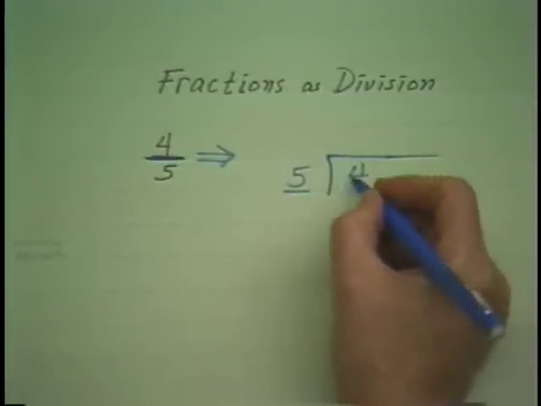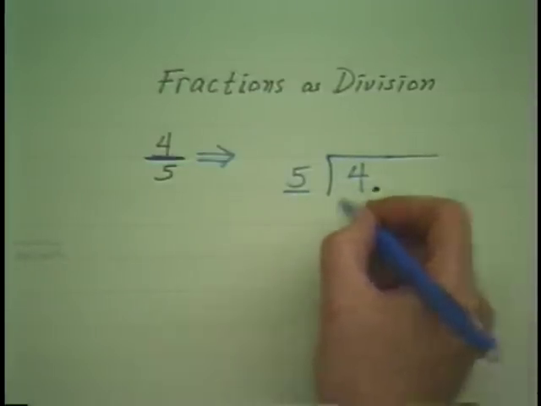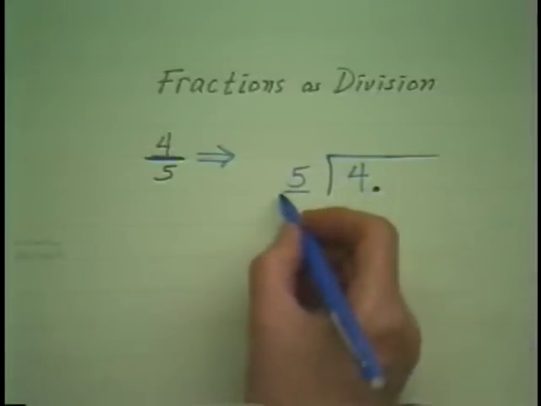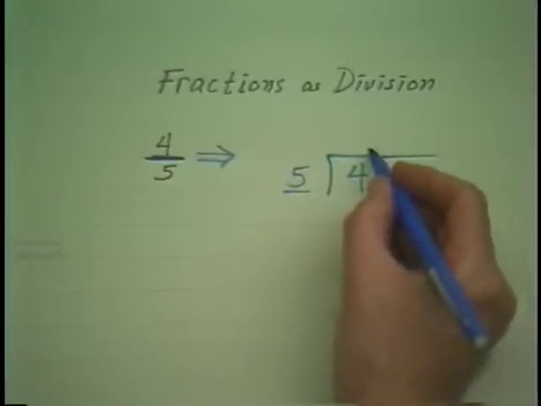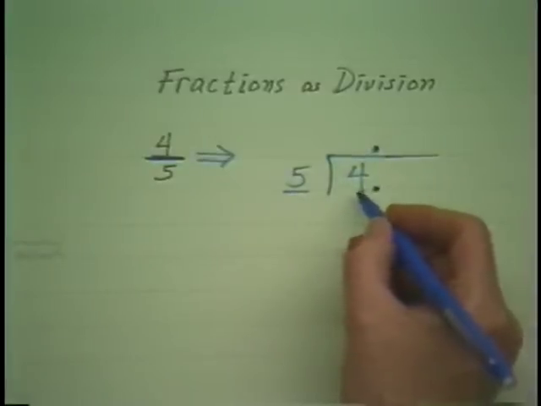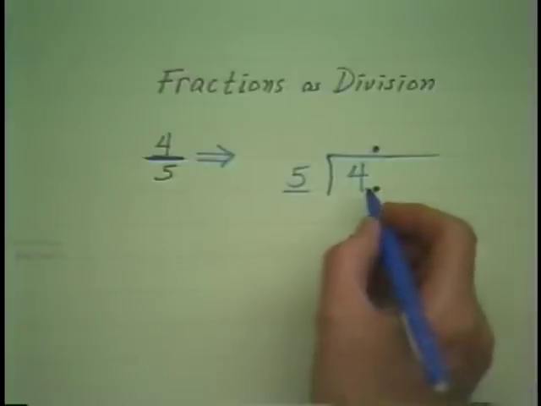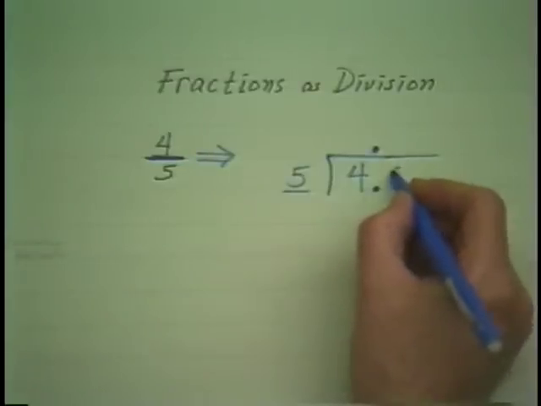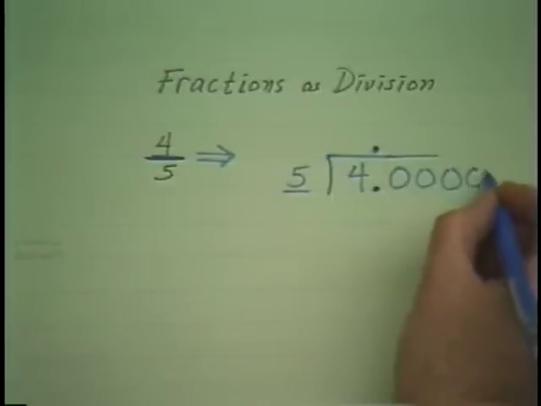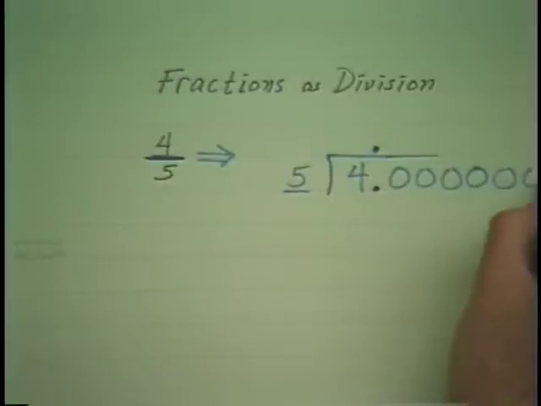The decimal point of this whole number is always to the right, and our rule says if you're dividing by a whole number, the decimal point of the quotient is right above the decimal point of the dividend. And also remember, behind the decimal point on the end, you can insert as many zeros as you want.